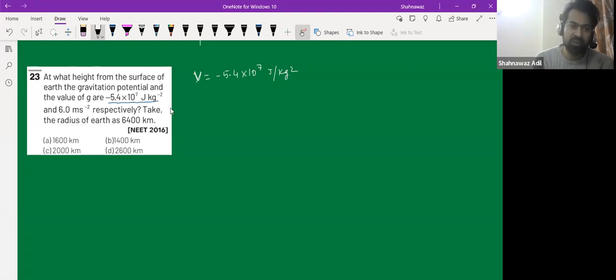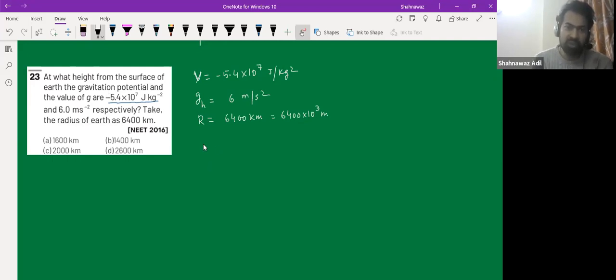The gravity at that height is also given: minus 5.4 into 6 meter per second square. Both these values are given, and you also know the radius, 6,400 kilometer, but we have to write it in meters. So this is 6,400 into 10 to the power 3 meters. These are the given things.